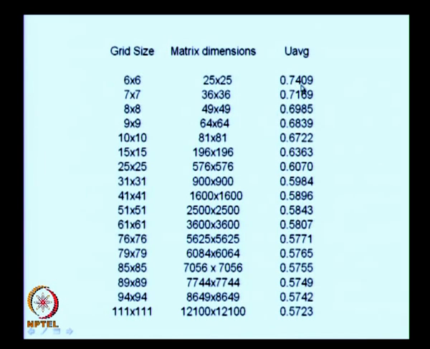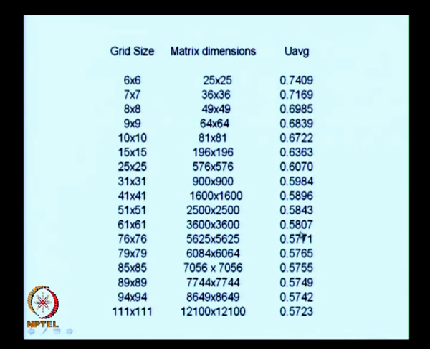This is the average speed, and as the grid size increases to 10 by 10 it has come down to 0.6722. For 25 by 25 it has come down to 0.6070, and as the grid size increases it seems to be stabilizing. For example, at 51 by 51 it is 0.5843, at 79 by 71 0.5765.